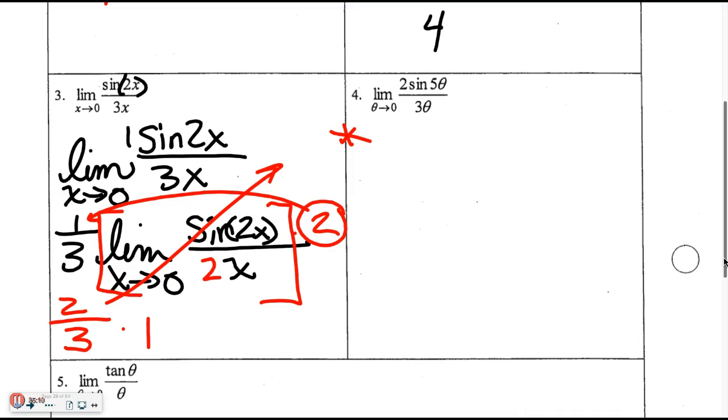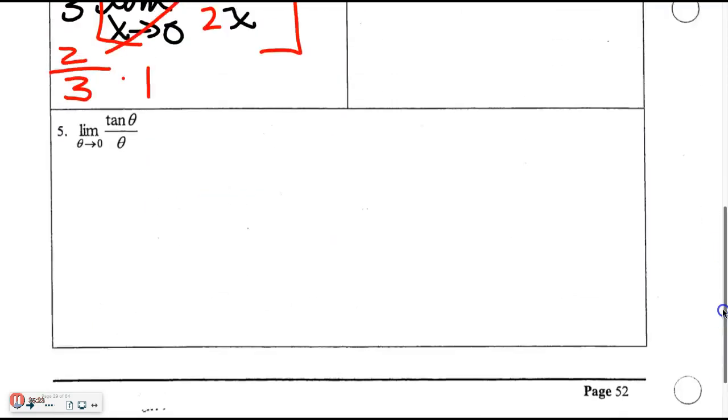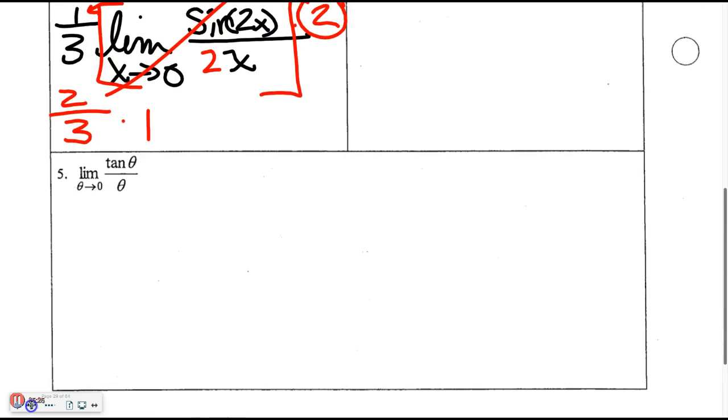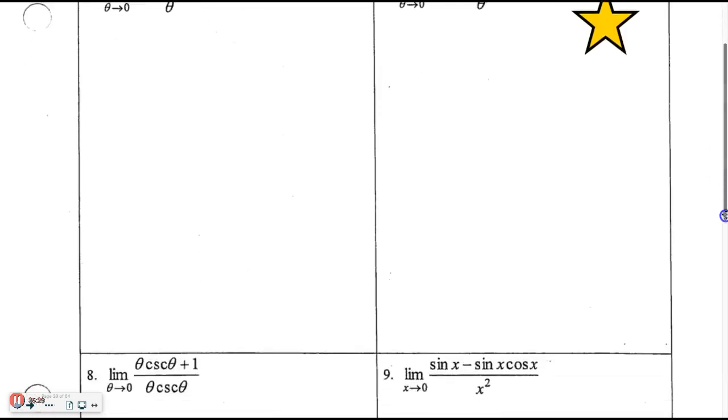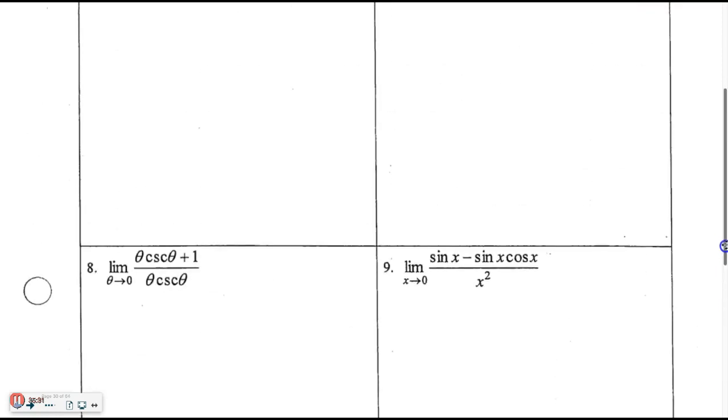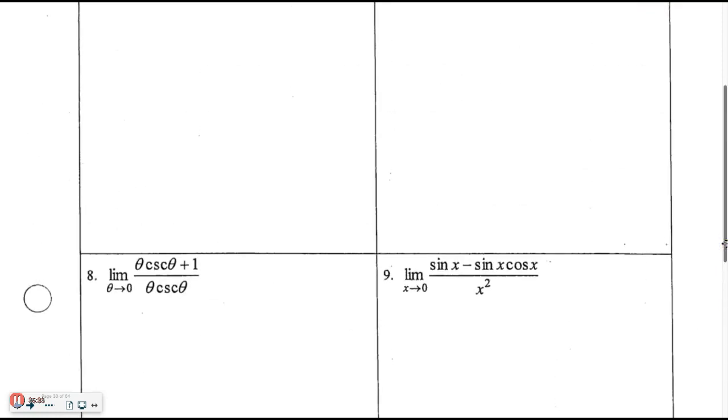But just make sure you've never multiplied by anything except 1, disguised as something else. Then I think we'll just do 1, 2 more maybe, because they seem to be getting it.